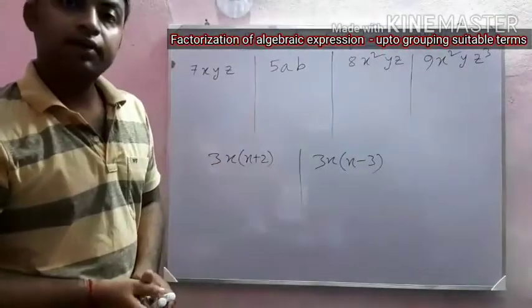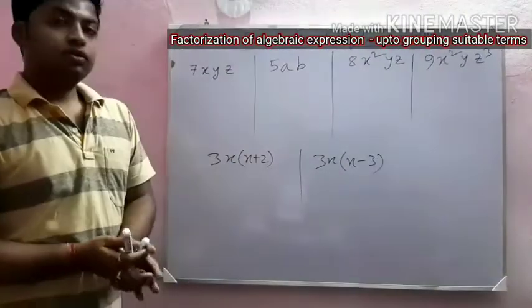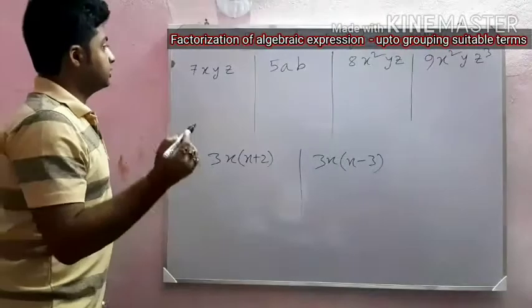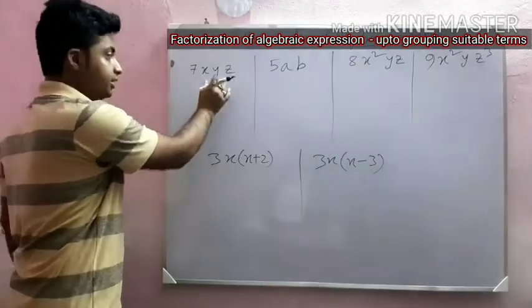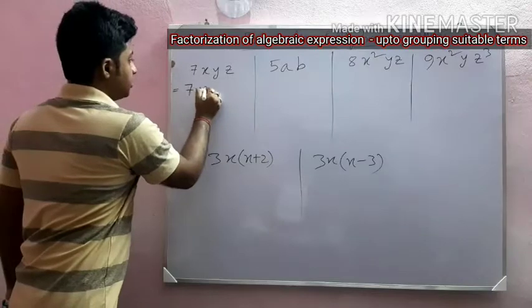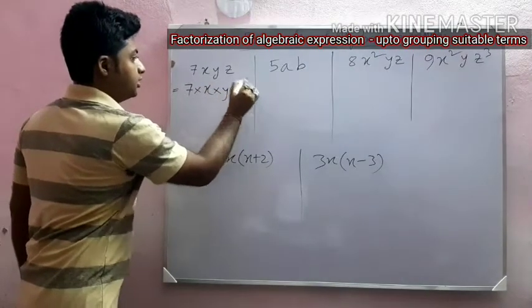Here I have taken 5 different algebraic expressions. Now look at the board and try to understand what the factors of these algebraic expressions are. This is 7xyz. One factor is 7, another x, another y, and the last one is z.